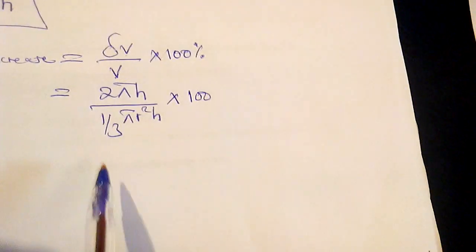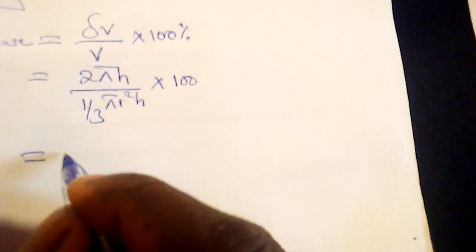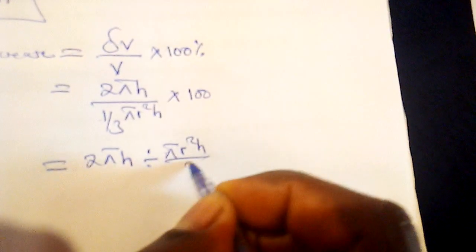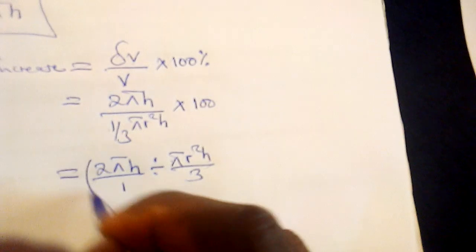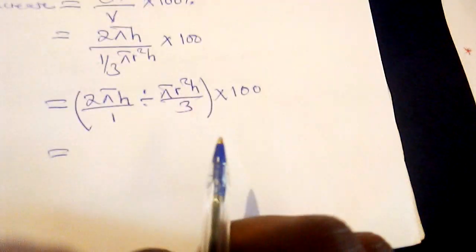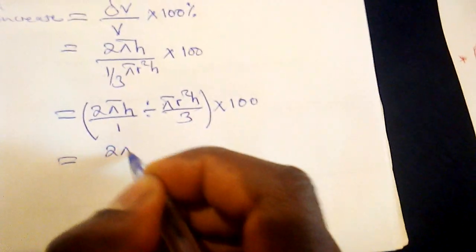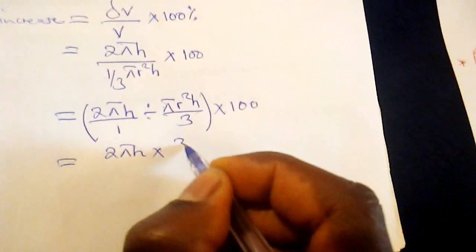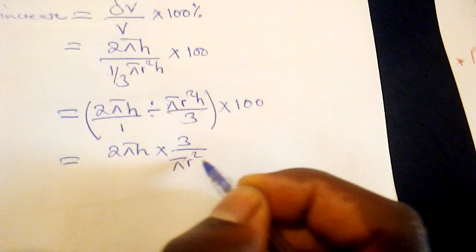We go further. If you simplify this, you're going to have 2 pi h being divided by pi r squared h, everything divided by 3. But of course everything is to be multiplied by 100. Once this is done, we have 2 pi h being multiplied by 3 over pi r squared h.